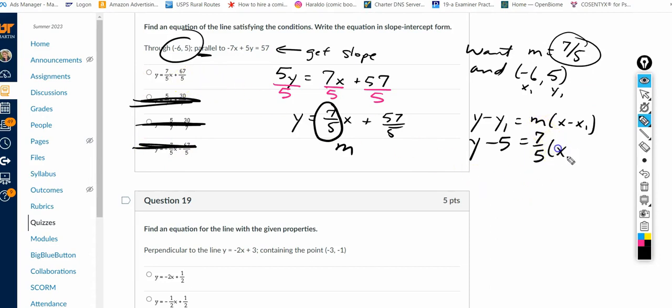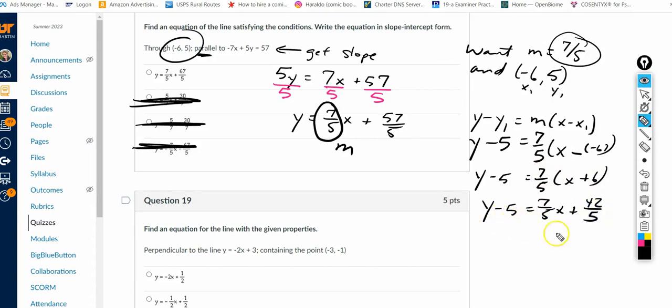So m times x minus x1, so that's going to be x plus 6. So I'm going to have 7/5 x, and 7 times 6 is 42/5.